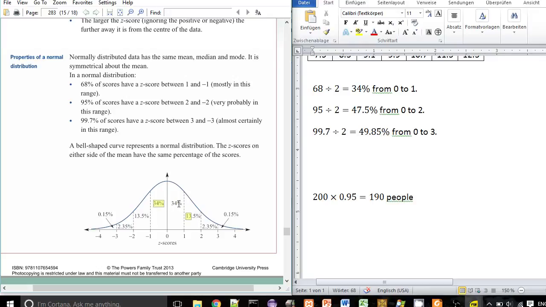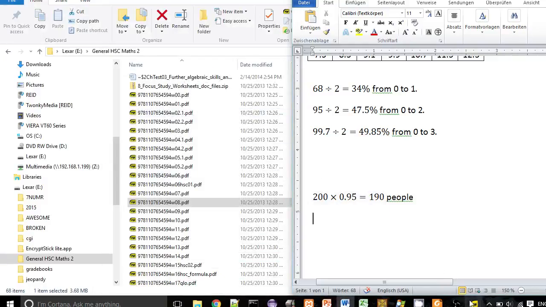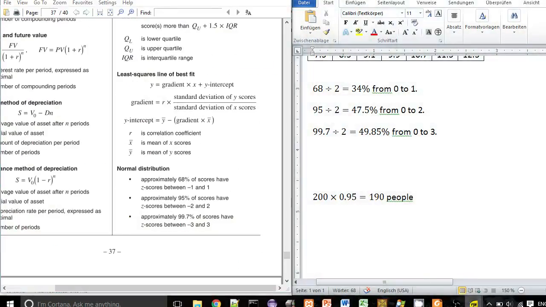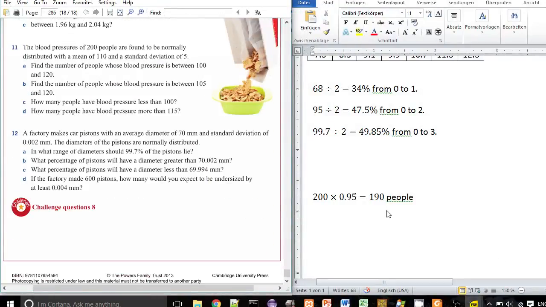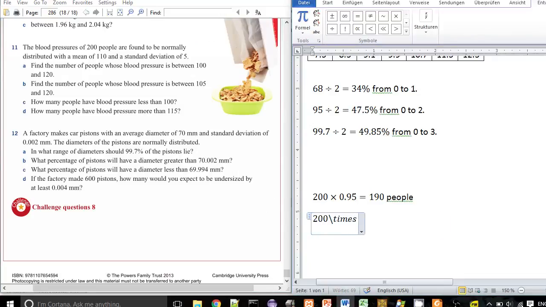Okay, so 68 plus 13.5 is 81.5, I think. So 81.5, so we're going to do 81.5 over 100, or 0.815. Okay, so that's going to be 163 people.